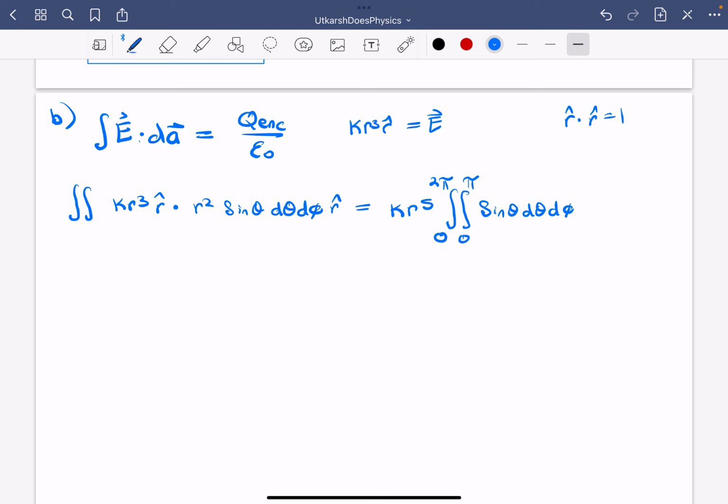And then we're just going to compute what this integral is. So kr to the 5, 0 to 2 pi, negative cos theta from 0 to pi. Again, the integration constants will cancel out each time, so we can ignore that. Now, the cos theta graph looks like this. So at 0, it's equal to 1, and at pi, it's equal to -1. So we just evaluate that.